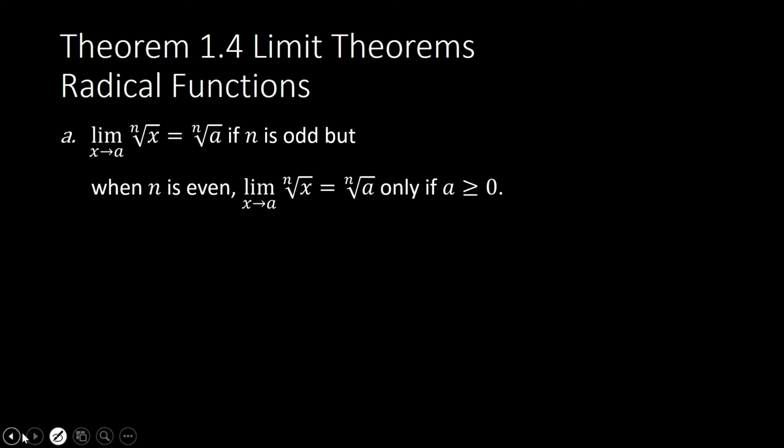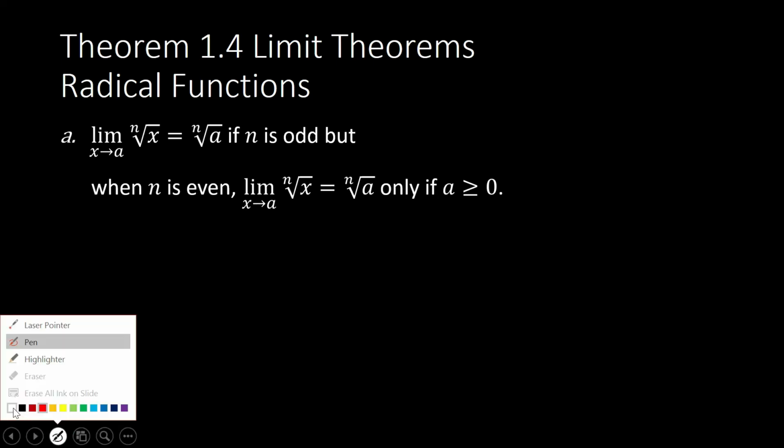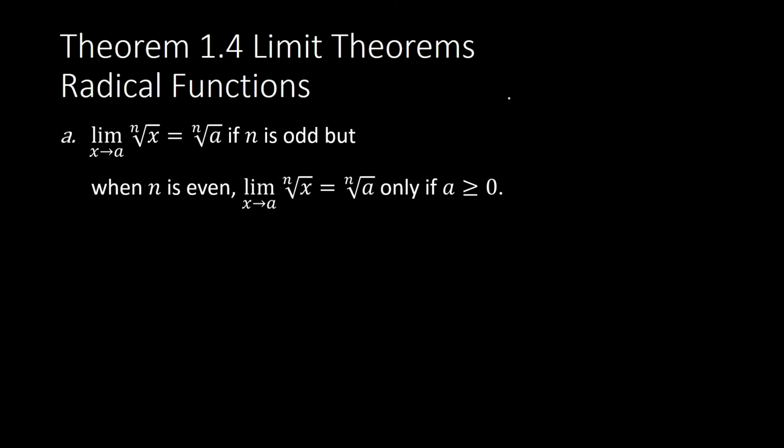So our definition of the nth root of a real number is that the nth root of a is equal to b if and only if b raised to n is equal to a. And if n is even, you know that a cannot be negative.